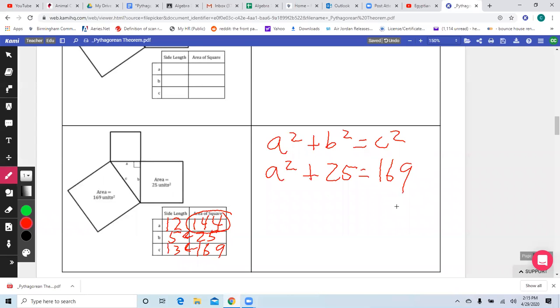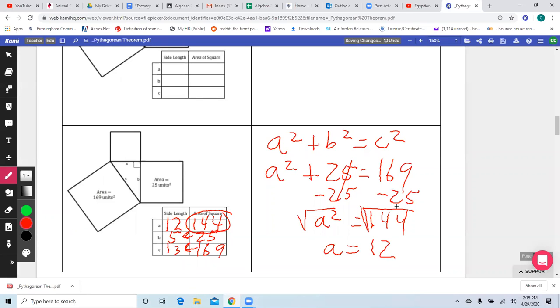So you see, I'm just going to subtract 25 from both sides. And then I get A squared is equal to 144. And then take the square root of both sides. And so A is equal to 12, which is what I have on the left side.